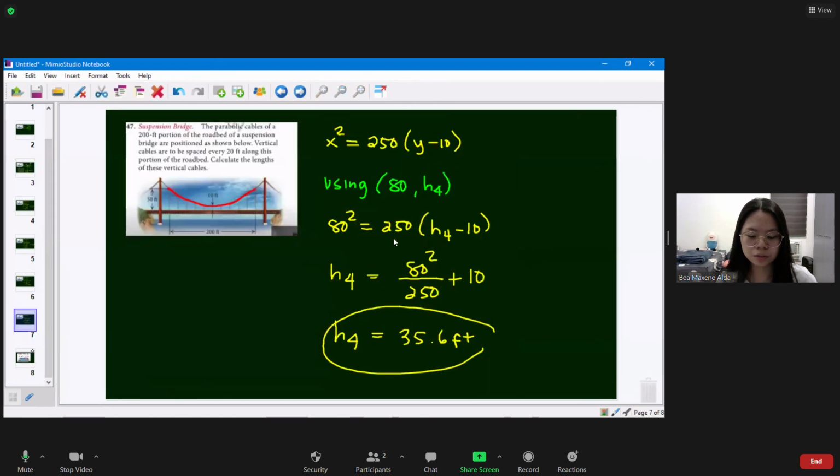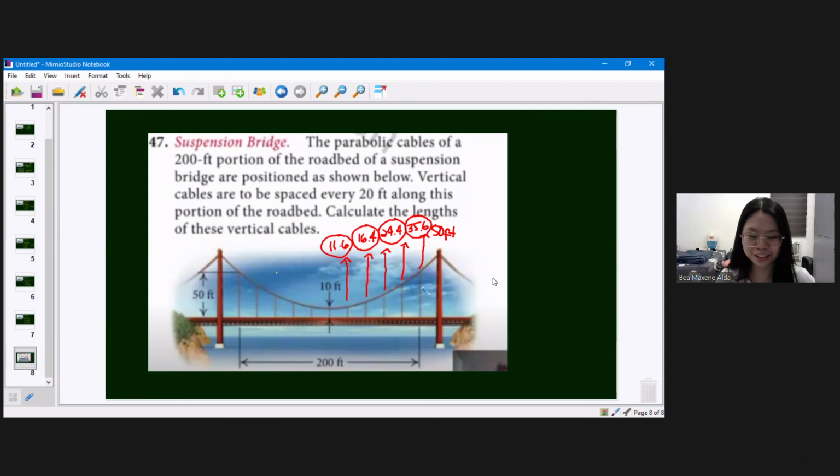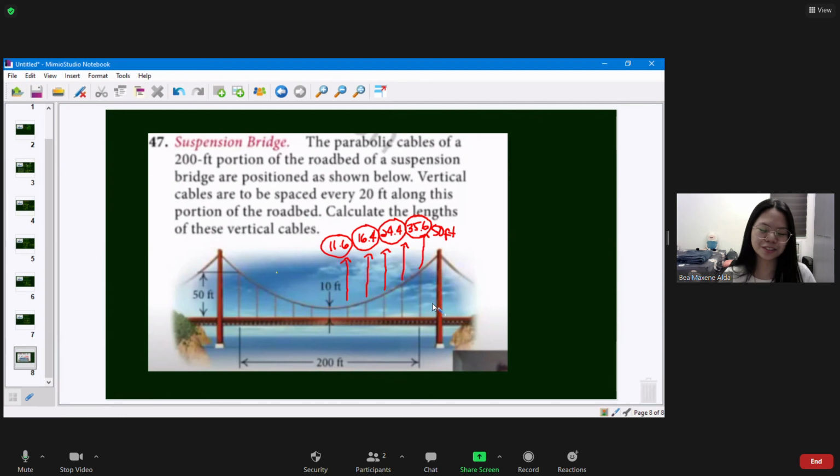And then the last one is 35.6 feet. There we have it. Kung gusto nyo para i-check nyo, ilagay nyo yung 100. Pero 50 lang naman din yung makakuha nyo dun. Anyway, that's it. You're done. You calculate the lengths of the vertical cables.